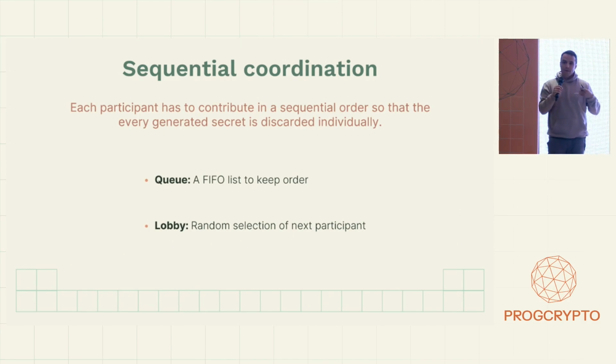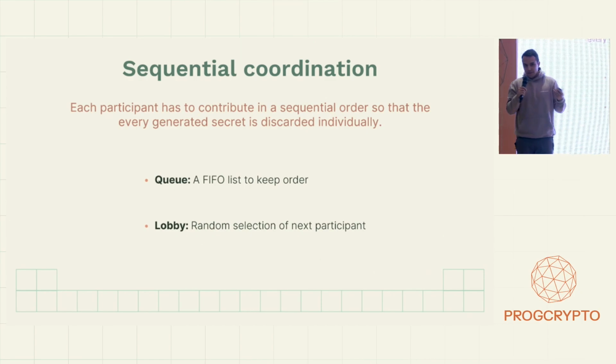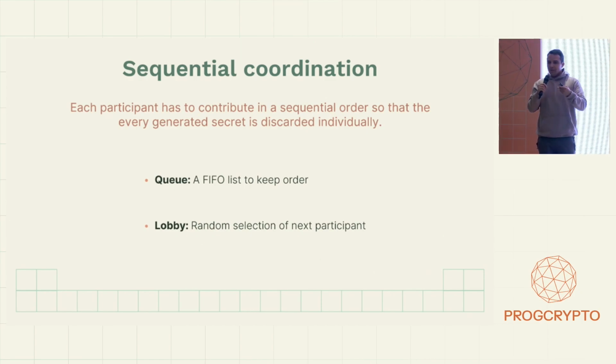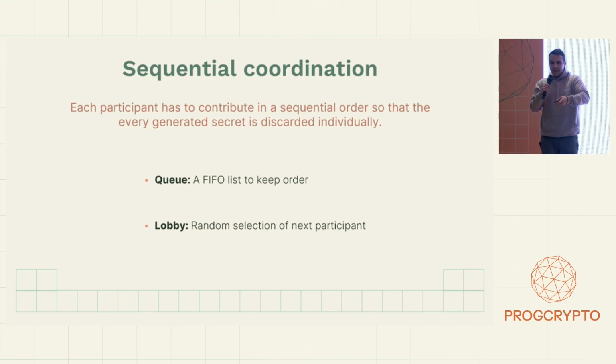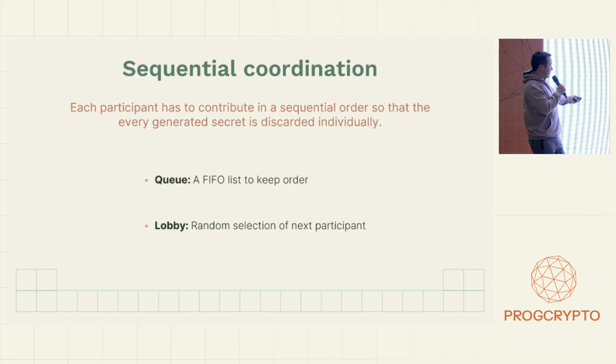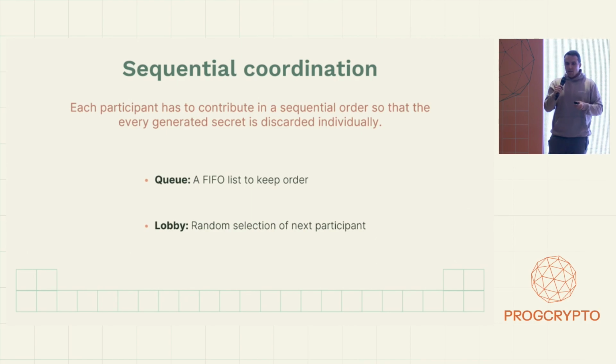The line would be really long. And in the case of this ceremony, the people on the line would have to keep the browser open, and that would generate a mess. The other strategy we had was to build a lobby. A lobby was a pool, so you enter into the browser, you say, hey, I have time to contribute.